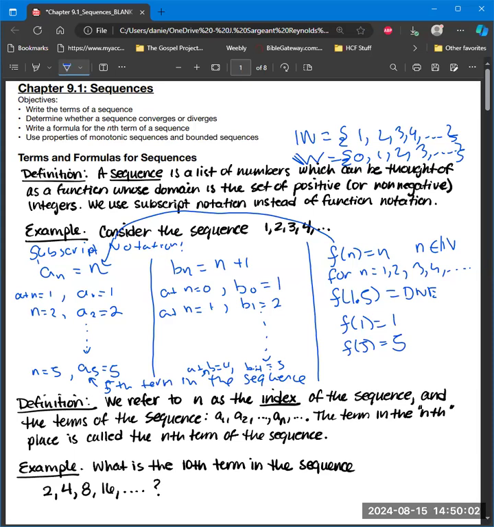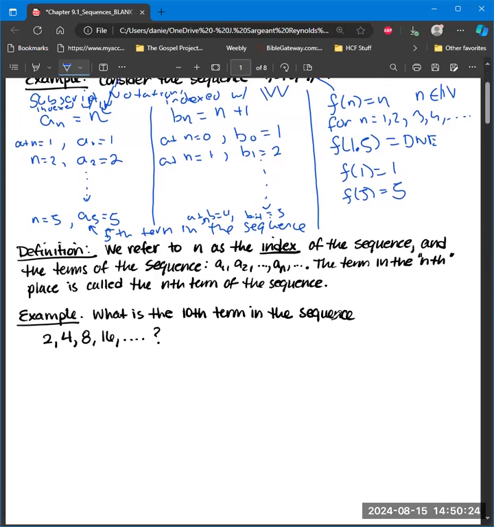So this is indexed with the natural numbers. This is indexed with the whole numbers here. We can refer to n as the index of the sequence in the terms of the sequence a sub 1, a sub 2, all the way out to a sub n.